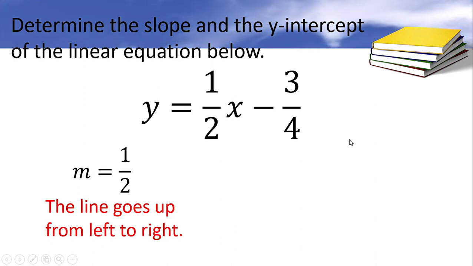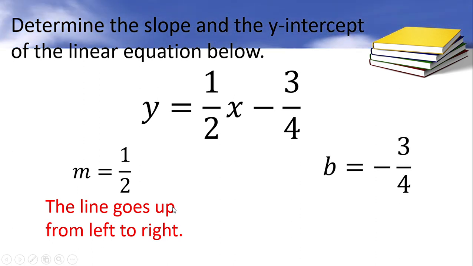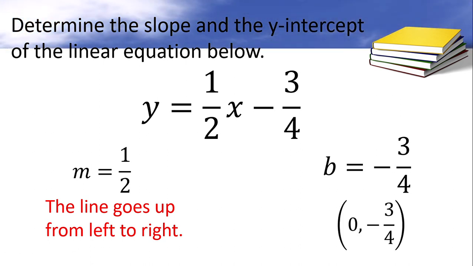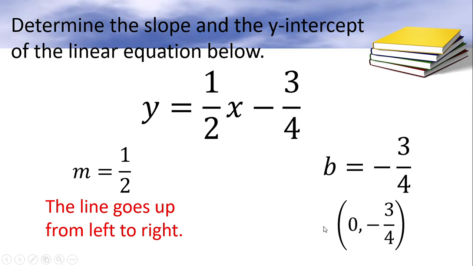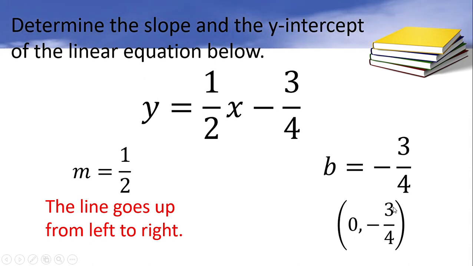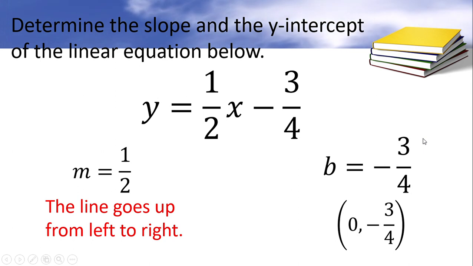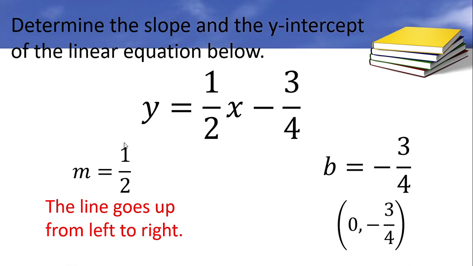Next, our y-intercept is negative 3/4, meaning the line will intersect the y-axis at (0, negative 3/4).